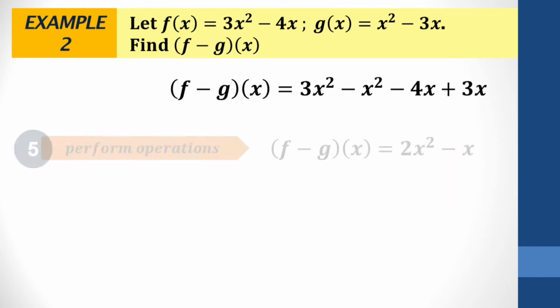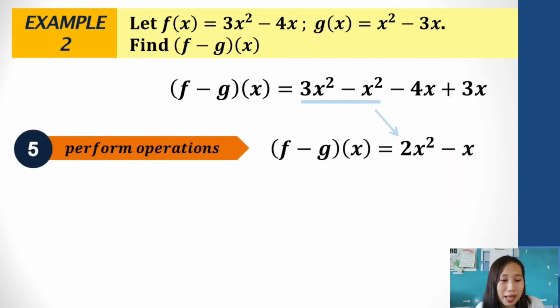Next step, we have to perform operations na. So, pagkatapos na i-combine, si 3x squared minus x squared, naging 2x squared na siya. Since si 3 minus 1, yung partner ni x, yung invisible partner ni x, so naging 2, and copy natin yung common literal coefficient nila, which is x squared, naging 2x squared siya.